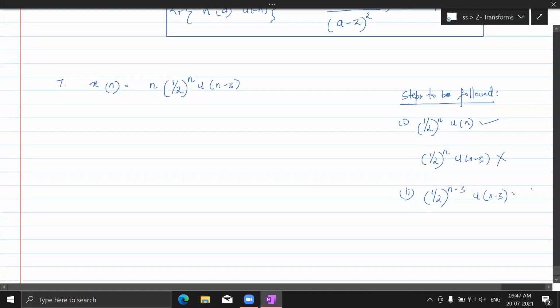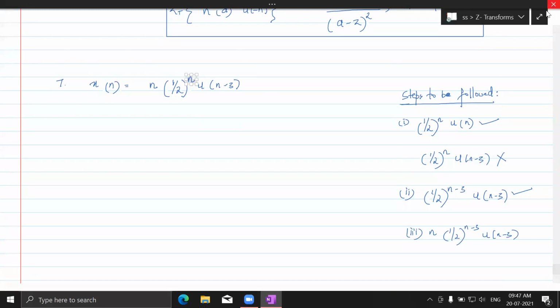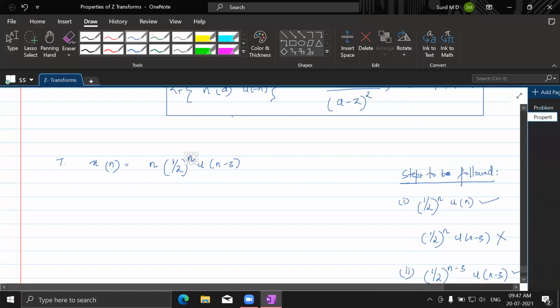This is how it needs to look. Then in the third place, you need to go with n half power n minus 3, u of n minus 3. So since this is u of n minus 3, this also needs to be obtained as n minus 3. That is when the signal would become valid for application of what here, everybody.